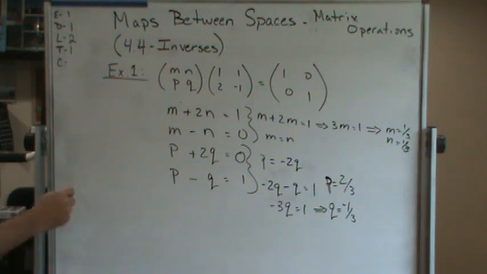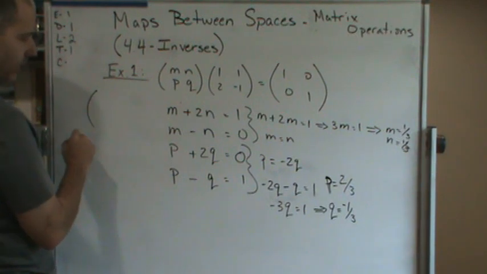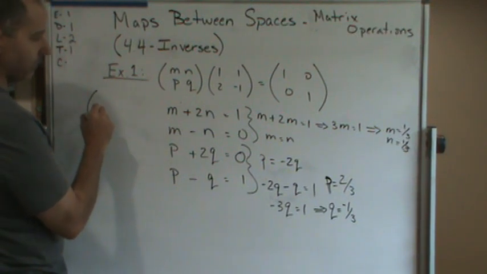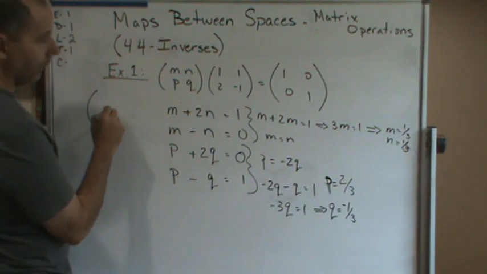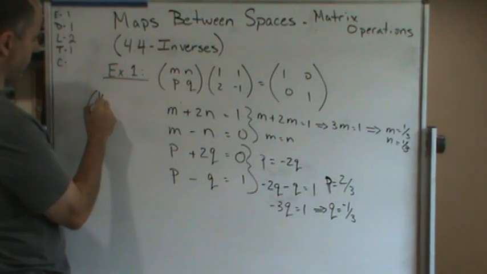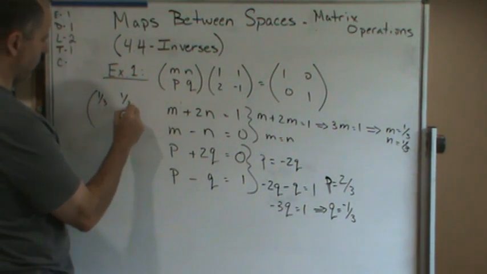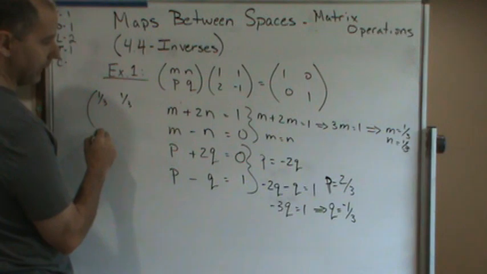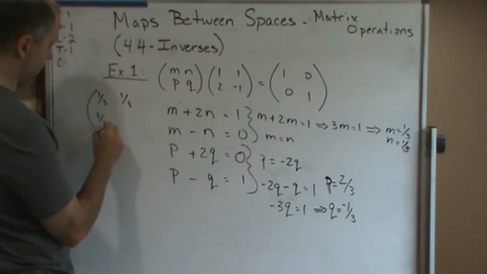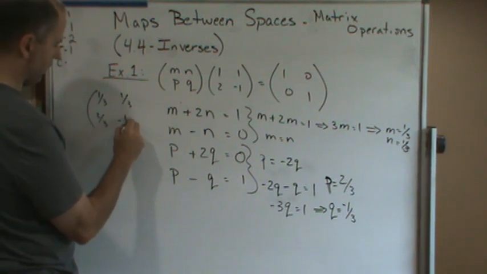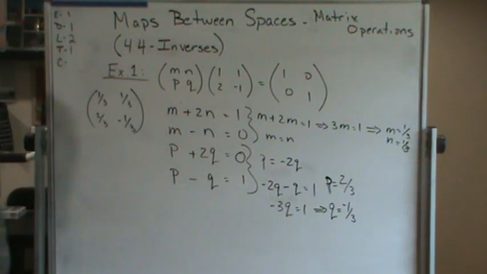So that means our matrix is going to be what? m and n are the same, so that's going to be 1/3, 1/3, and then p is 2/3, and q is negative 1/3. And there's our inverse matrix.